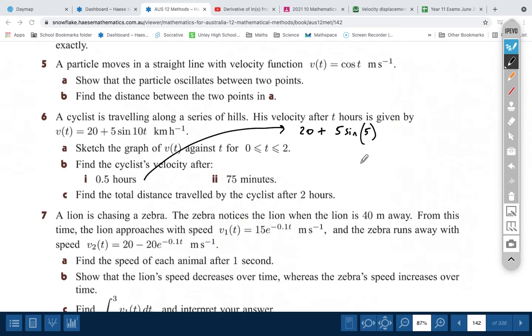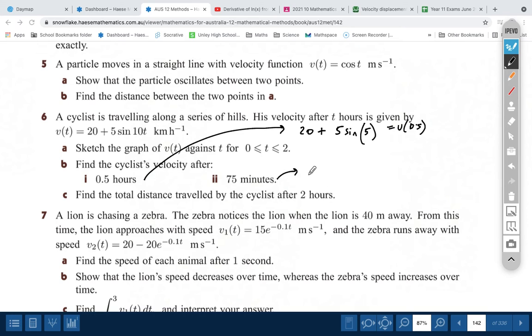I'm finding out what the number is. It'll be between 15 and 25. 75 minutes, be a bit more careful. Right, so that's the velocity at 0.5 hours.